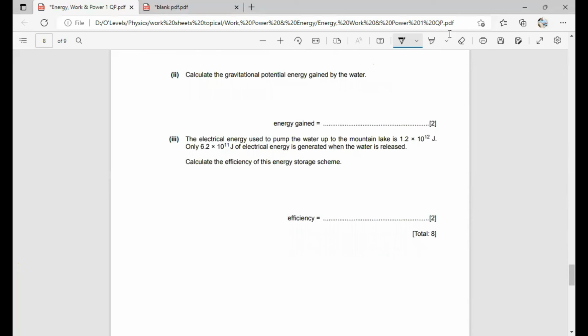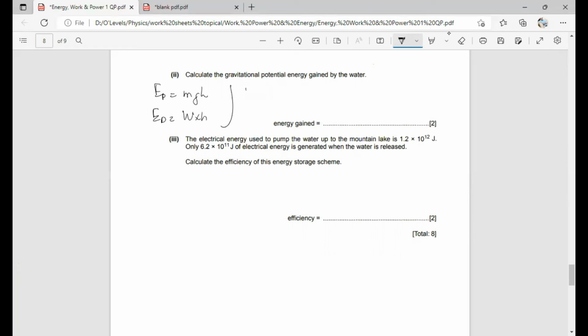Calculate the gravitational potential energy. We know that the potential energy is equal to mgh, and we know that mg is the weight, multiplied by height.